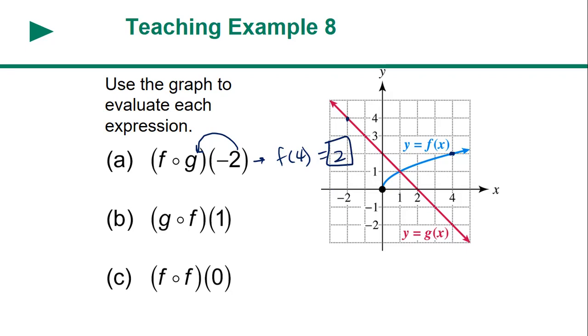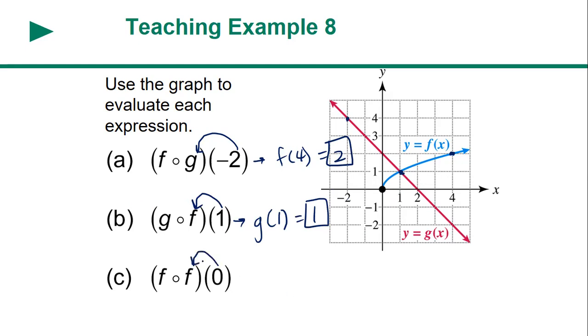All right, so let's do it again. First, I'm going to go to 1, and then I'm going to go to f. I go to 1, I go to f, and I get 1. So now I'm going to go to g. I go to 1 and go to g, and I also get 1. All right, let's do this one.